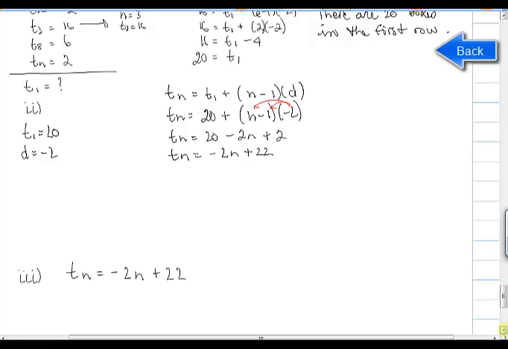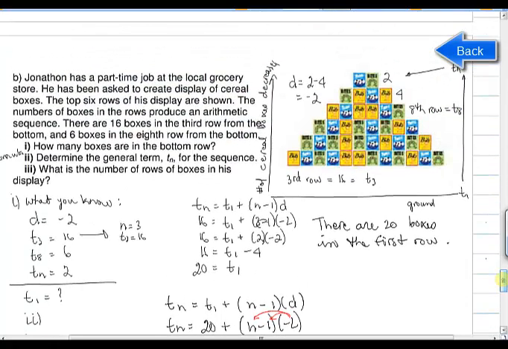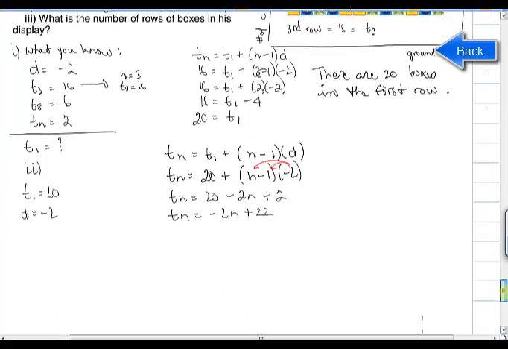Well, it would be useful for you to know that the number of rows is going to be the value for n. So we're going to let n be the number of rows. Okay, and so that means we're looking for n. So we should have a value for T subscript n, which we do according to our diagram. We know that T subscript n is 2.